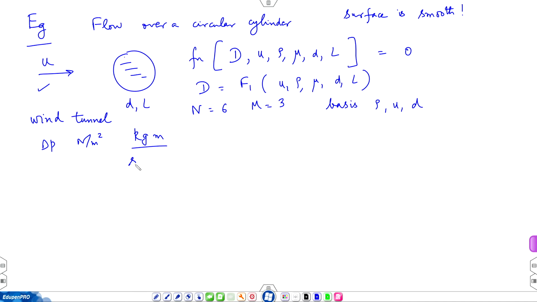Kg meter per second square per meter square, so that will be kg per meter second square.